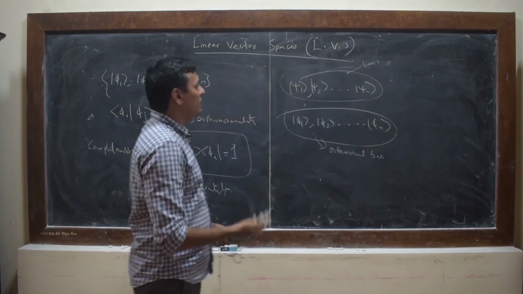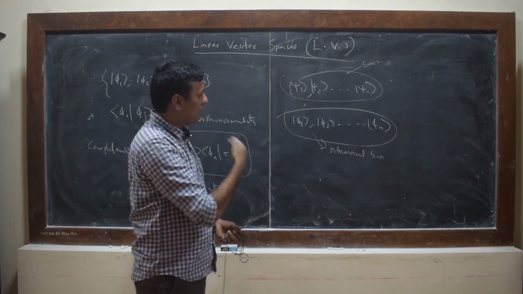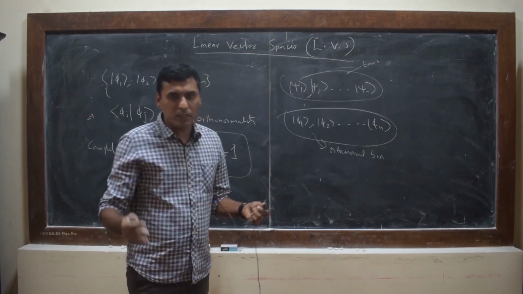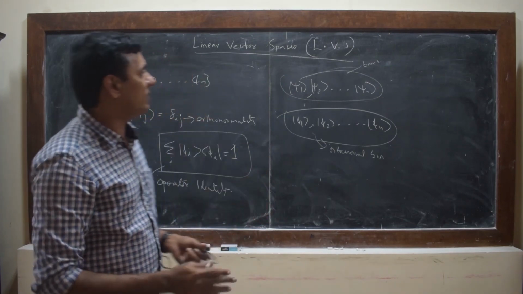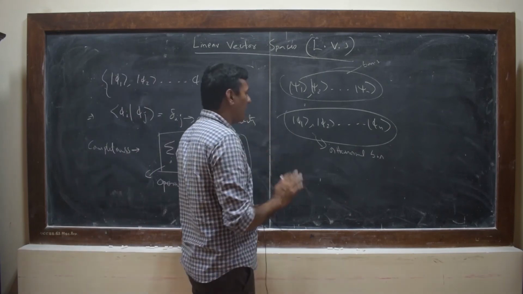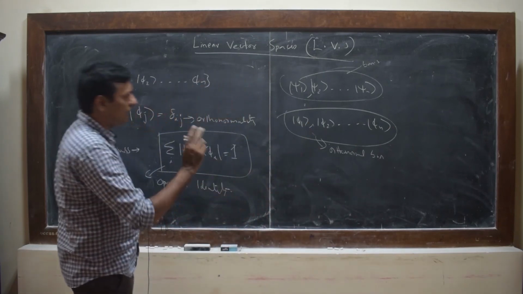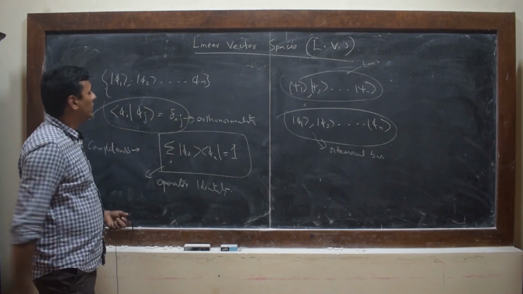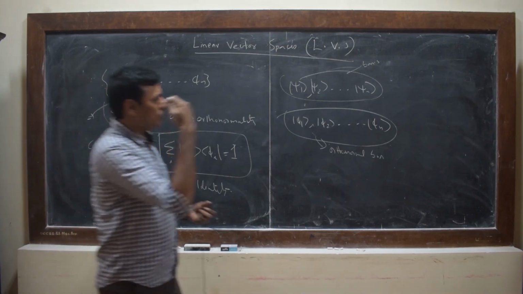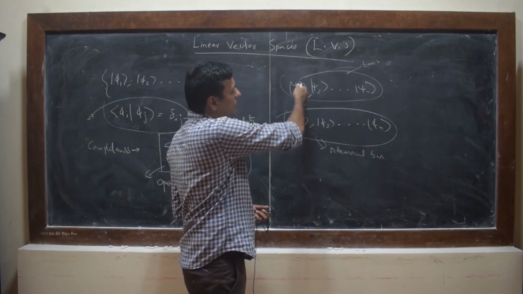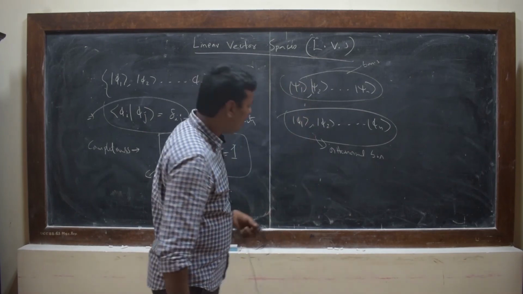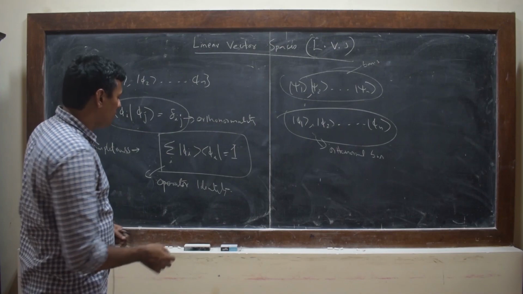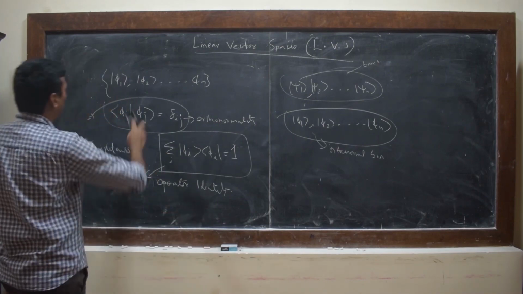To become a basis, you need only two conditions to be met: the first one is that the vectors should be linearly independent, and the next condition is that they should span the space. Okay, but if the basis is orthonormal, you need to satisfy this condition as well. So if you start from a basis to get an orthonormal basis, you can use a procedure known as the Schmidt orthonormalization procedure. So I'll explain what it is.